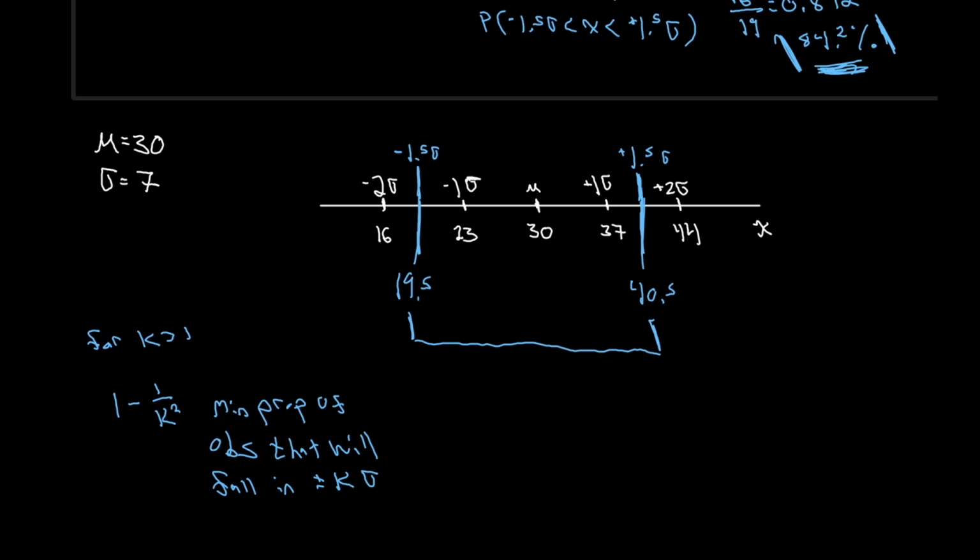standard deviations? In this case here, we are interested in the proportion that would be within 1.5 standard deviations, plus 1.5, minus 1.5. So we're interested in a case such that k equals 1.5. And we want to figure out, at minimum, what can we be guaranteed will be the number of observations in between these 2 points?